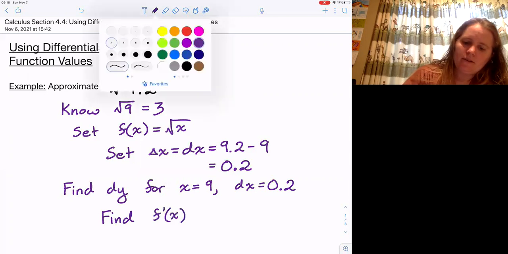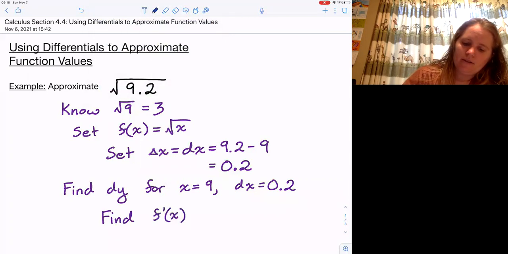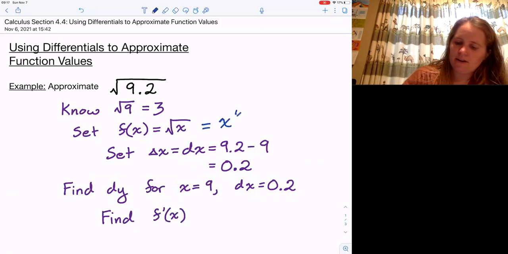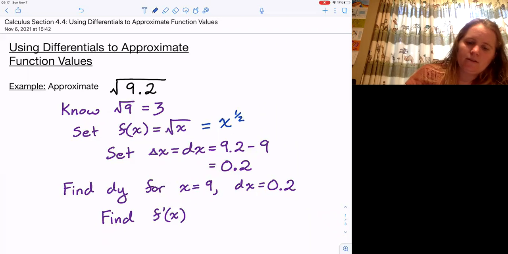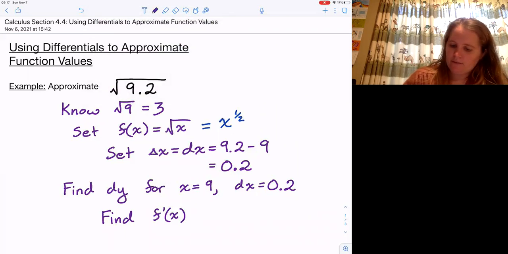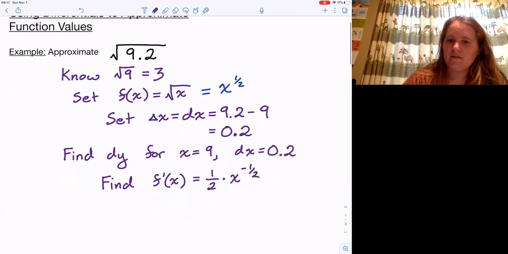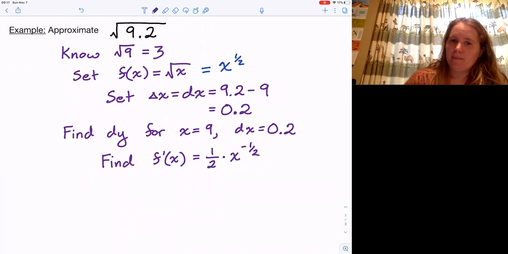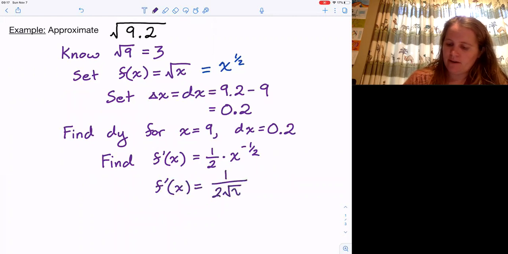Again, recall that if f of x is square root x, that's the same as x to the 1/2. So f prime of x would be equal to 1/2 times x to the negative 1/2, or f prime of x is equal to 1 over 2 times the square root x.